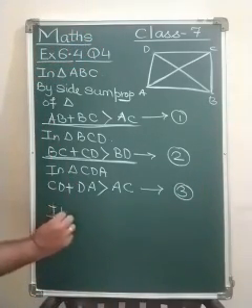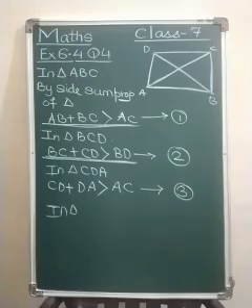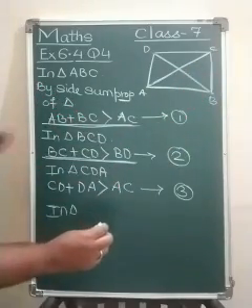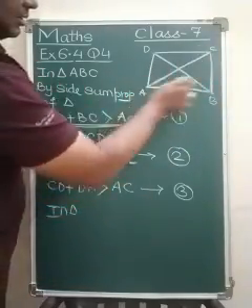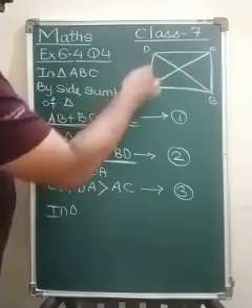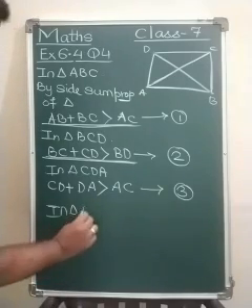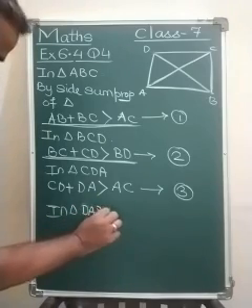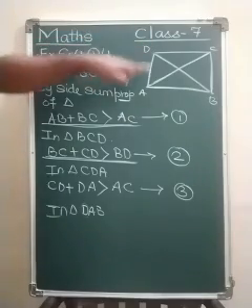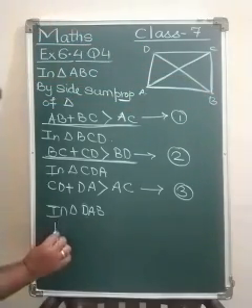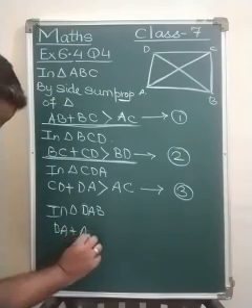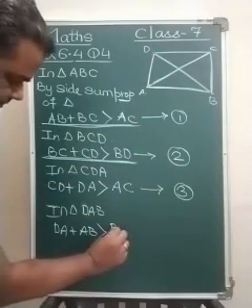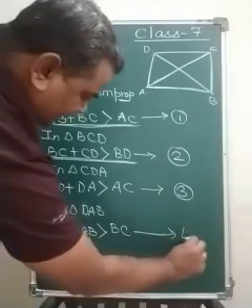And in triangle DAB, only one triangle is left. So total 4 triangles are there: 1, 2, 3 and 4. In triangle DAB, DA plus AB should be greater than BD. And this will be number 4.